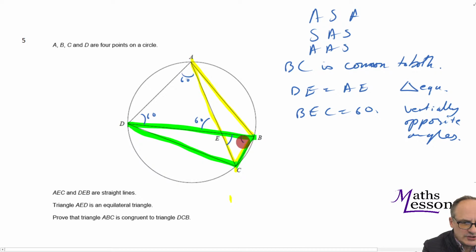Then we can show that CBD is equal to DAC. So CBD equals DAC, which equals 60 degrees. That's angles in the same segment.